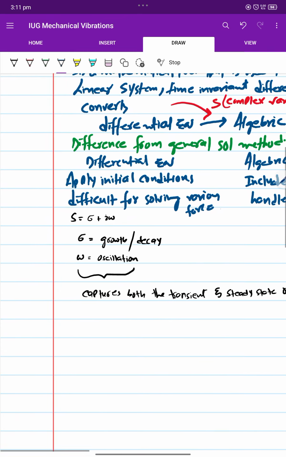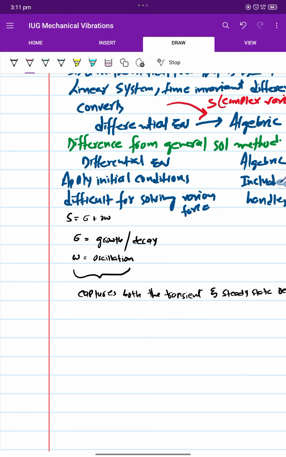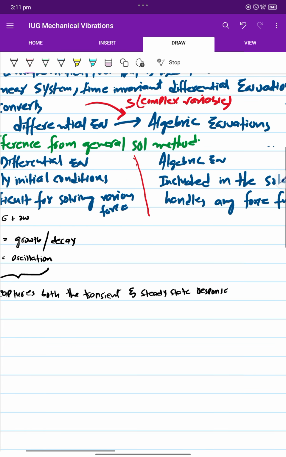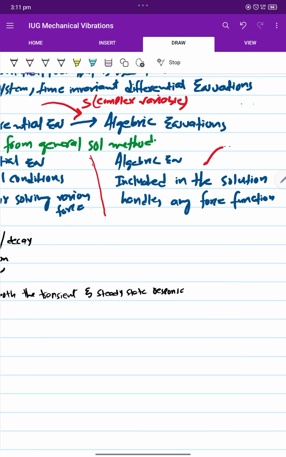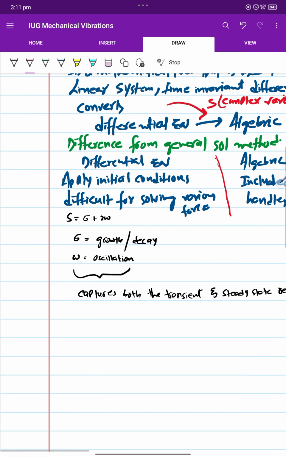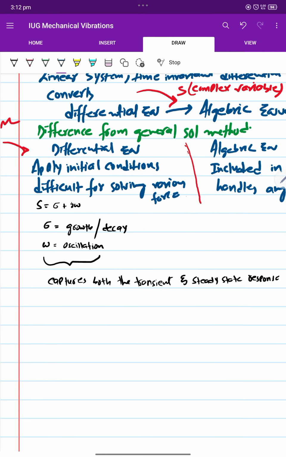And again, the general solution method doesn't deal with multi-degree of freedom, while the Laplace deals with multi-degree of freedom. That's the general solution method, GSM. So that was just a brief difference between the Laplace transformation and the general solution method.